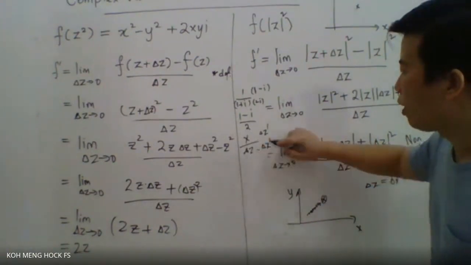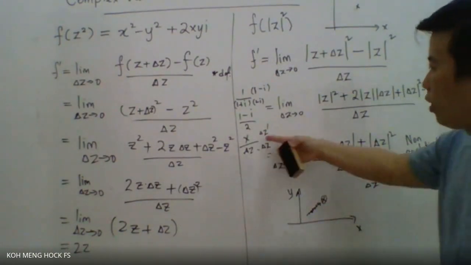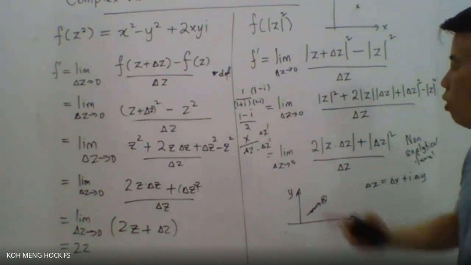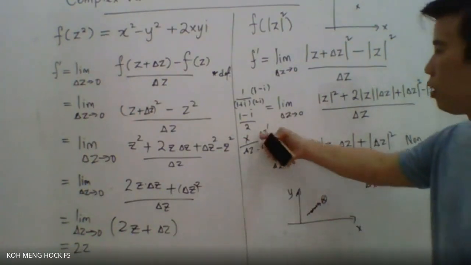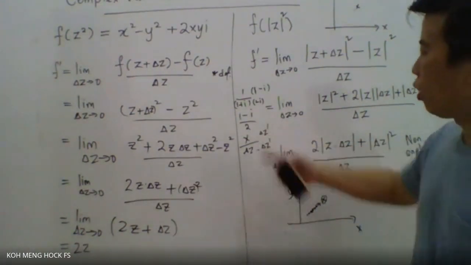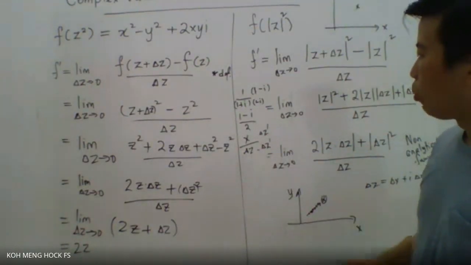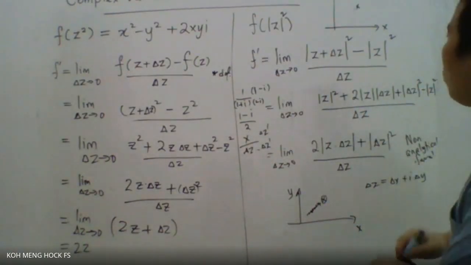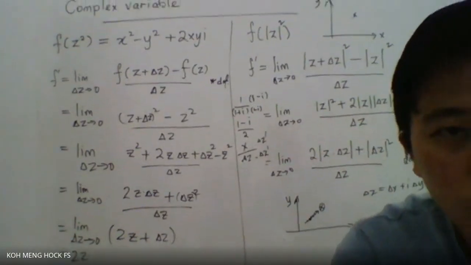So here it becomes a real number, but here it becomes an imaginary number again, and you have a delta z here. So this function is not analytical because you have a function of delta z. When delta z changes, your f prime will change. So if I have this, let me just go to the top a little bit.